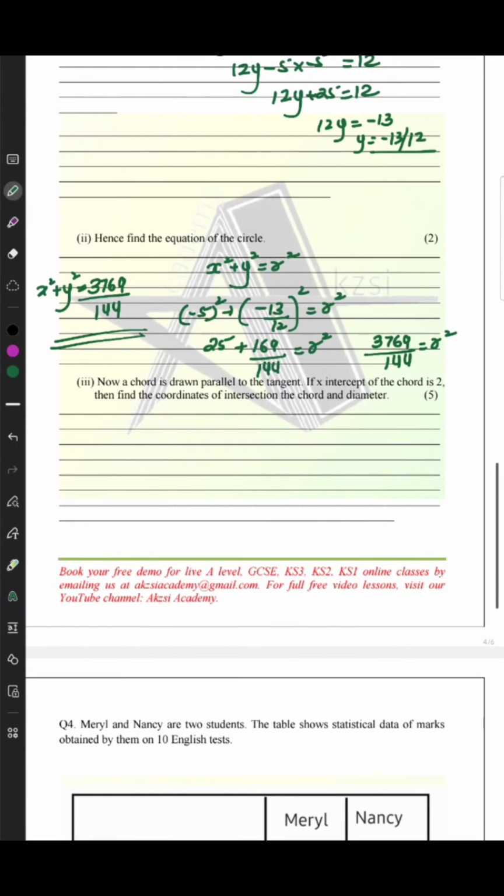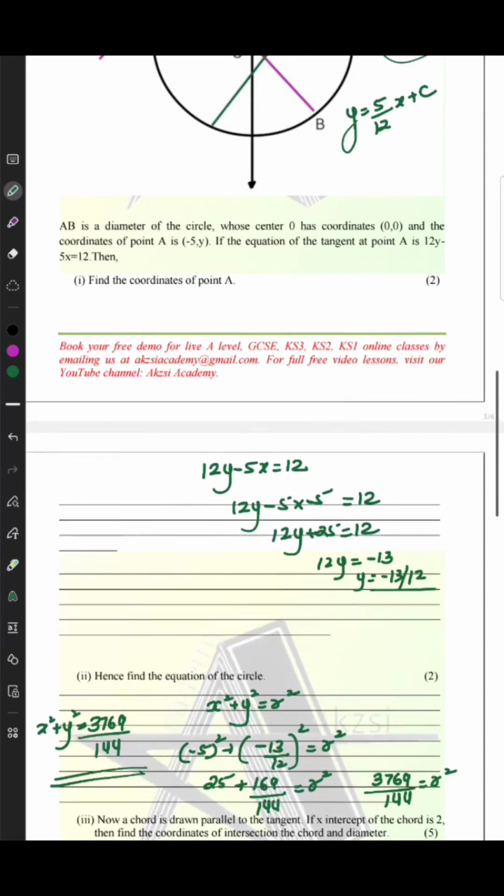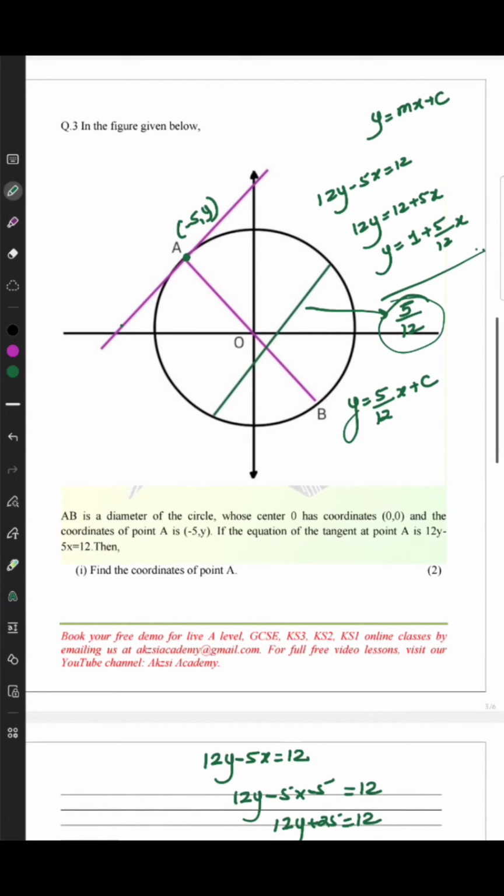The question says, now a chord is drawn parallel. If the x-intercept of this chord is 2, that means when it's passing through your x-axis, that value is 2. So this is (2, 0). So I need to substitute the value of y as 0 and x as 2. That will help me in finding the value of c.